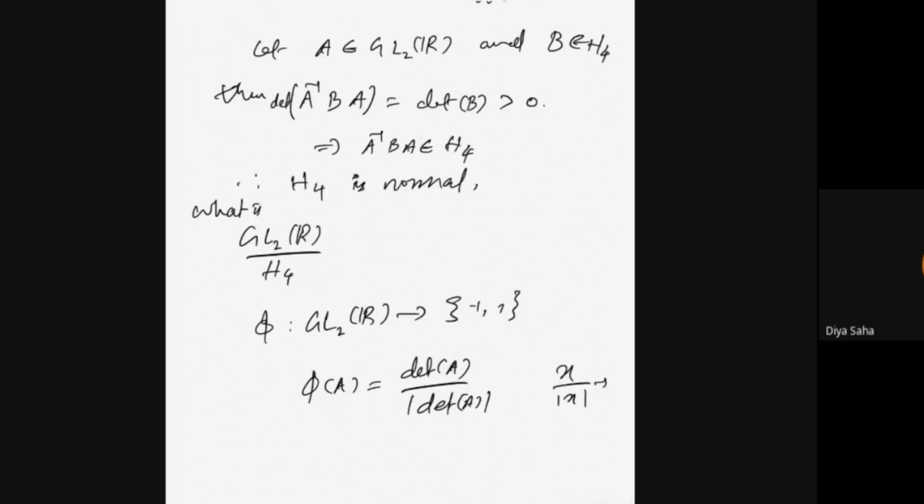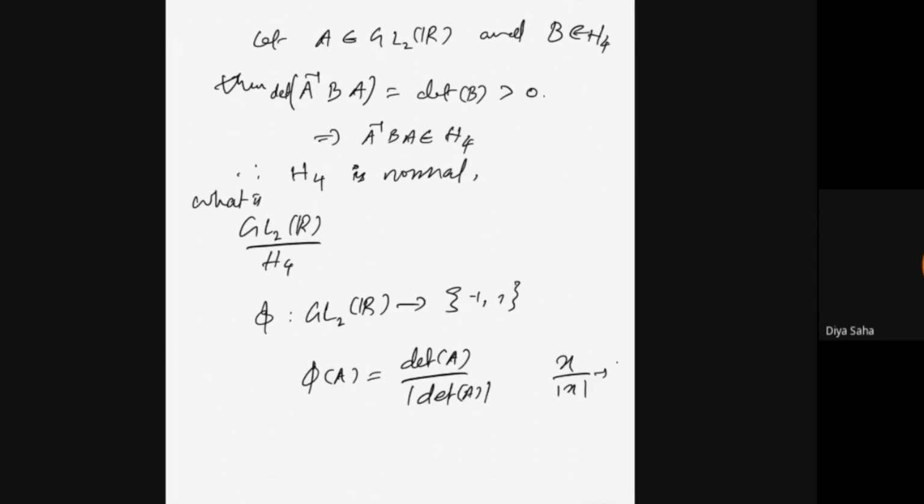This maps x to 1 if x is positive, and -1 if x is negative, right? Yes, sir. So you compose that function with the determinant. That means phi of A is the determinant of A by the modulus of the determinant of A.